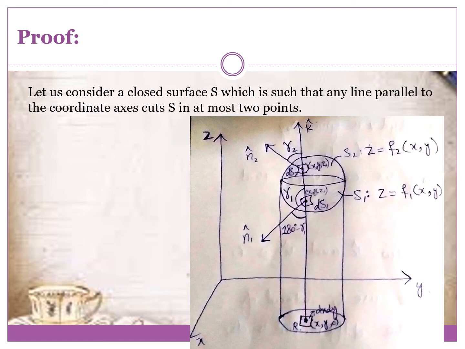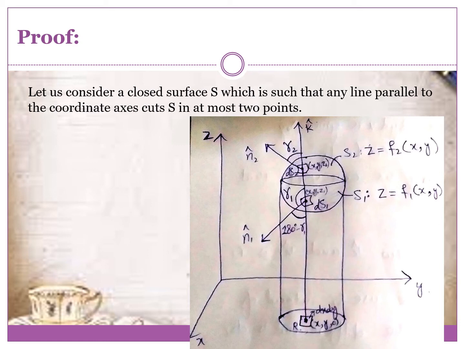That is, if I draw a line here parallel to the z-axis, then it will pass without touching the surface S, or it touches the surface S at a single point, that is, it is tangent to the surface.